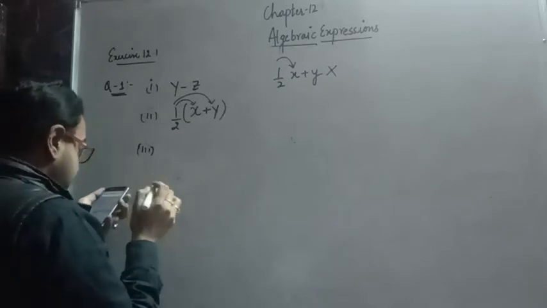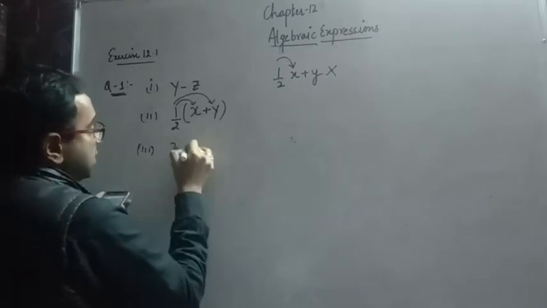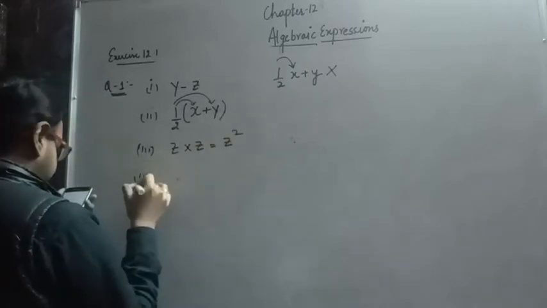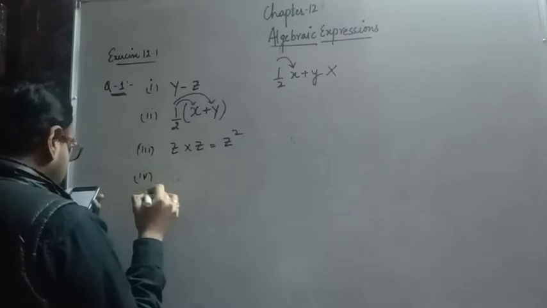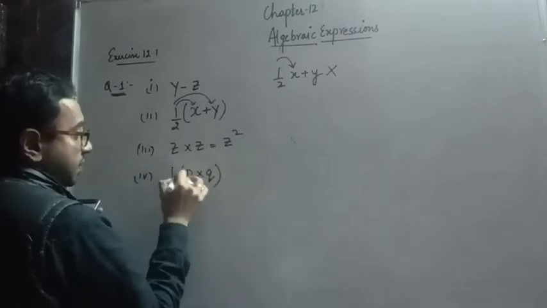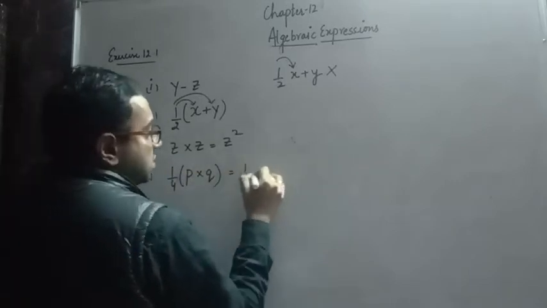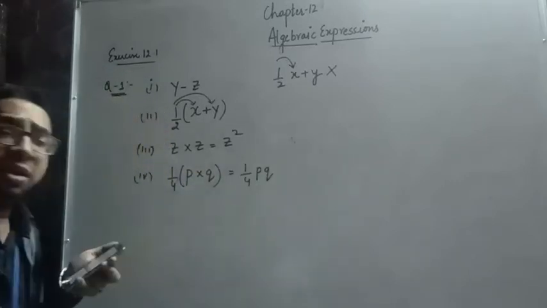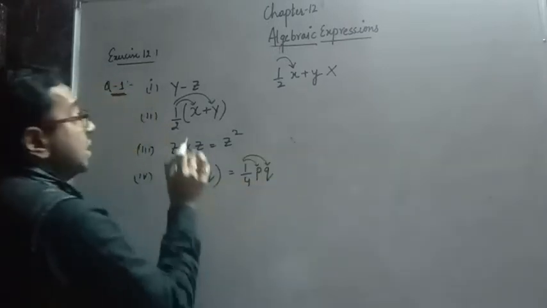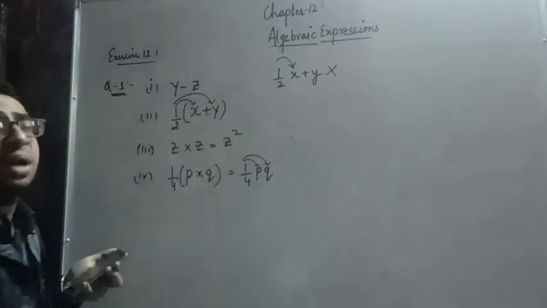Next. The number z multiplied by itself is equal to z square. Okay. 1/4 of the product of numbers p and q. First product means multiply and 1/4. Even if you write this without a bracket, it is not a problem because in multiplication the number before is equally distributed. But in case of addition we have to put in the bracket.